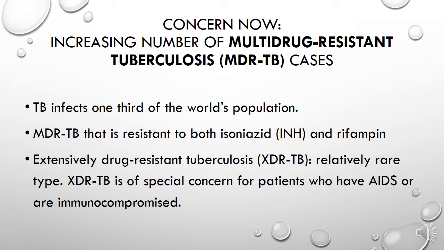TB affects about 1/3 of the population, and then we can start seeing some multi-drug resistant TB that is now non-responsive to both of our first-line medications, isoniazid, INH, and rifampin. And then we are also seeing some extensively drug resistant TB. That's the X, extensively drug resistant TB. It is rare, thankfully, but it is being seen in patients who are severely immunocompromised and those who have AIDS. So the bug is mutating and unfortunately becoming more drug resistant.